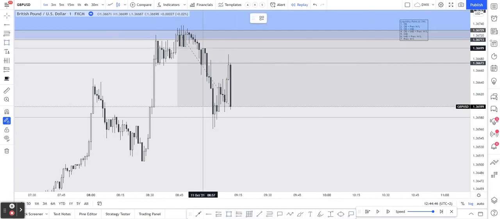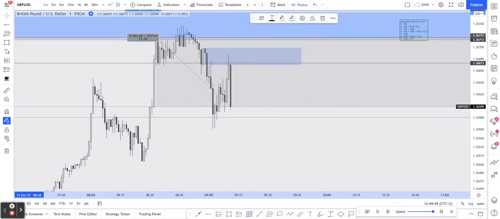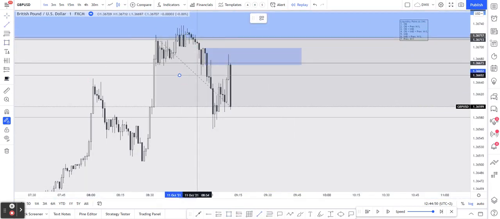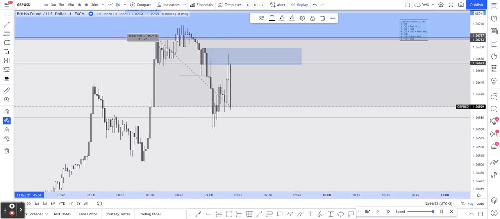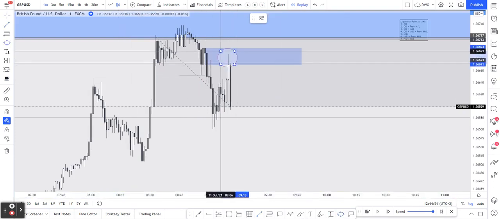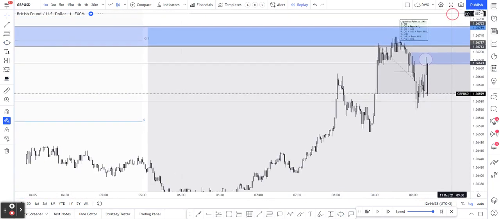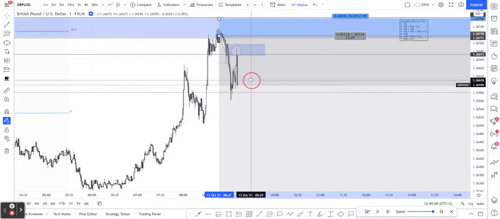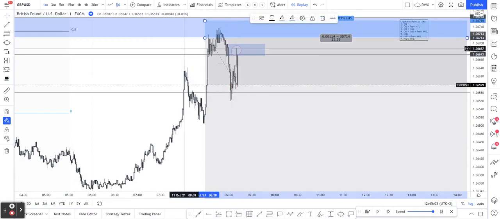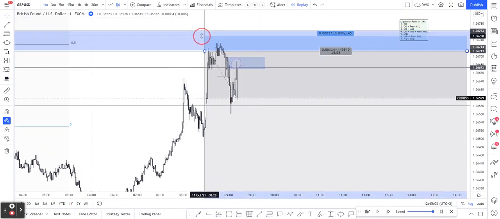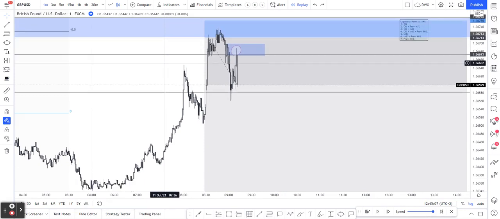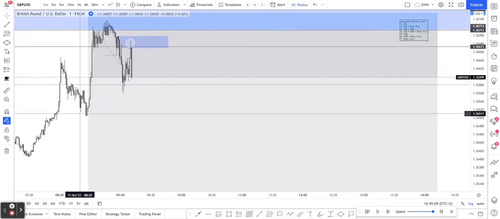We have this candle. We have a break in structure over here. So there would be our first scaling entry in this area. Anyway, there's our first entry.